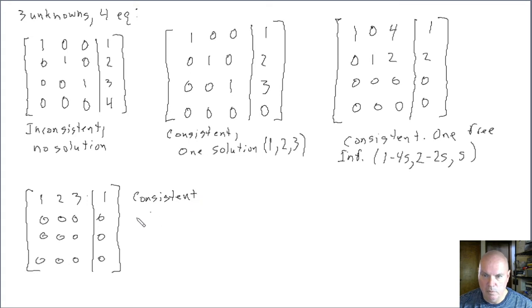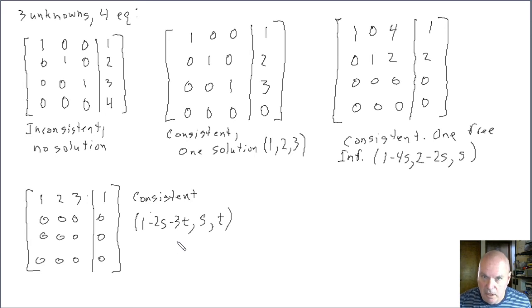If I let y have the parameter s and assign the parameter t to z, solving this first equation for x, it would be 1 minus 2s minus 3t, with the parameter s assigned to y and t to z. So this is the general solution. It's in terms of 2 free parameters.